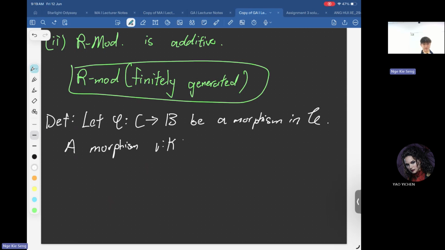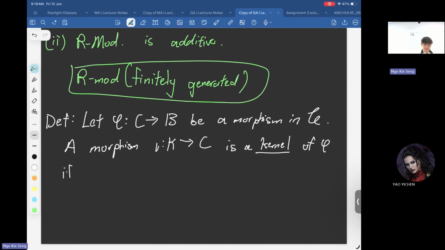Let's call this map from K to C, something going into the source. So a kernel is still a kernel of a map.